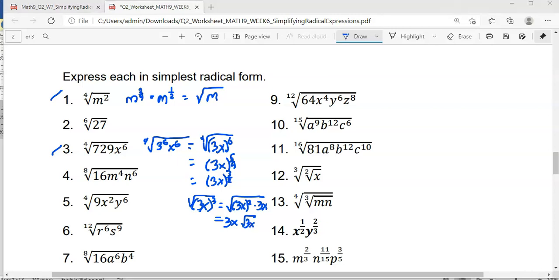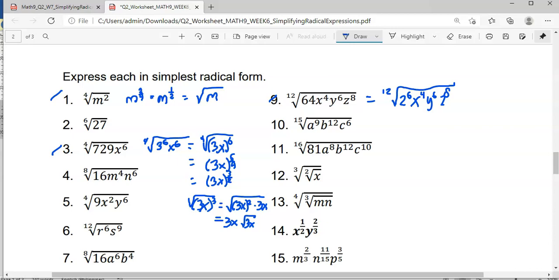So let's try number 9. The 12th root of 64, x raised to 4, y raised to 6, z raised to 8. So express natin yung 64 as 2 raised to 6. So 12th root of 2 raised to 6, then x raised to 4, then y raised to 6, z raised to 8.